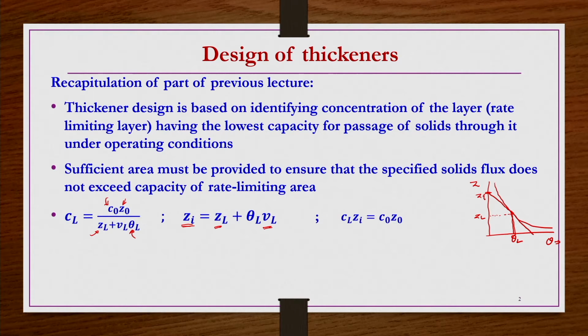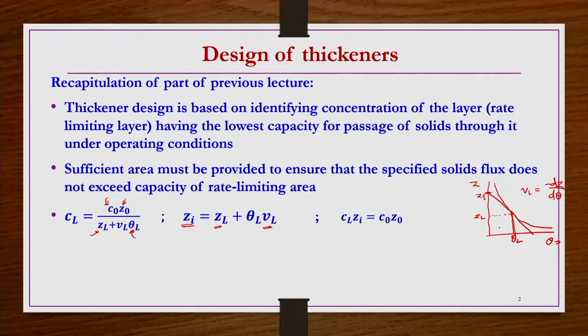You can simply find that settling velocity: VL is equal to minus dz by d theta, which gives the settling velocity of the particle at time theta L here.